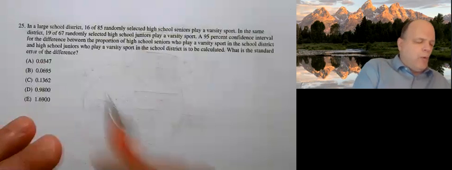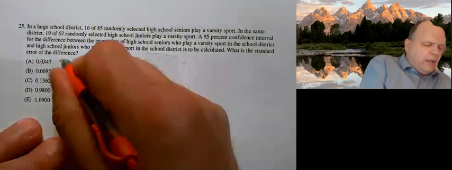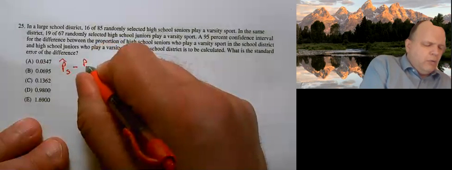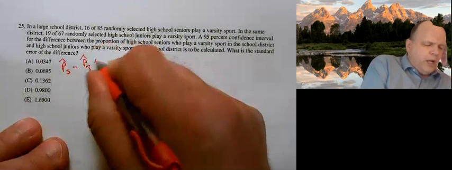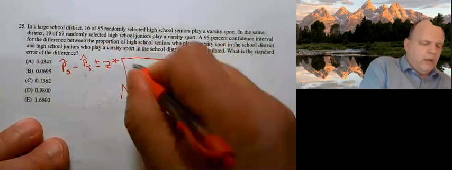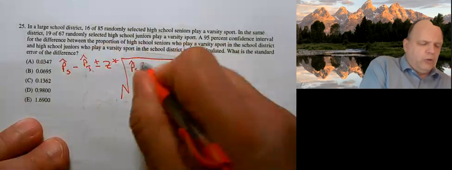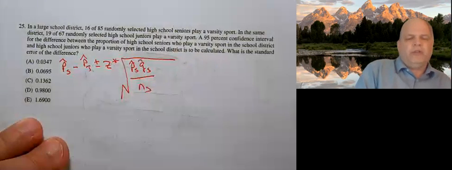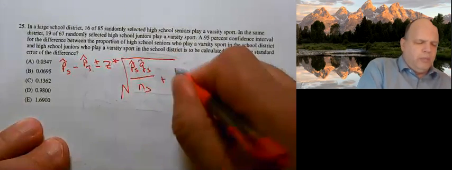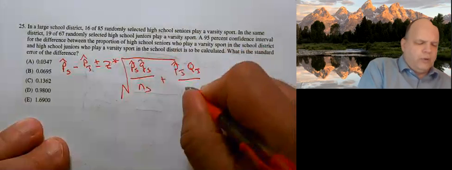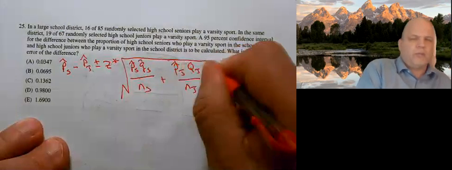So first off, let's figure out what our confidence interval formula looks like. So we're going to have p hat seniors minus p hat juniors plus or minus z star times the square root of p hat seniors q hat seniors over the sample size of seniors plus p hat juniors q hat juniors over the sample size of juniors.